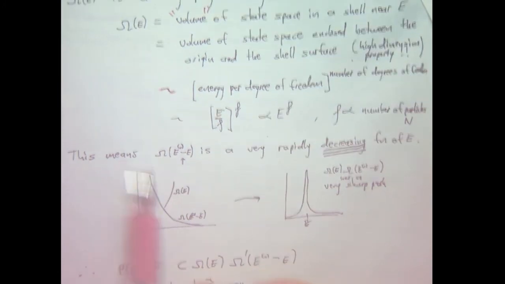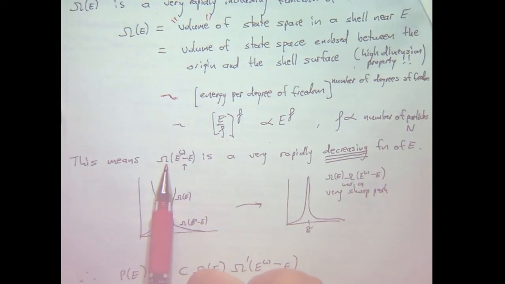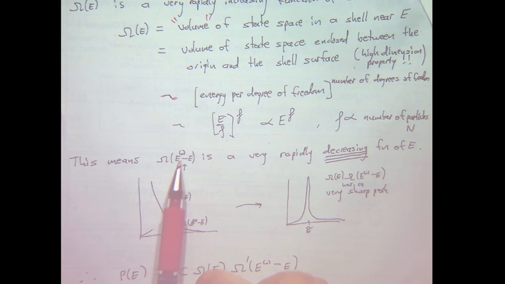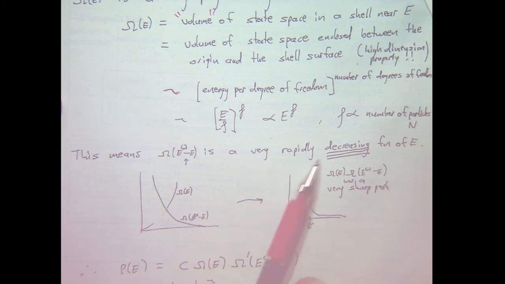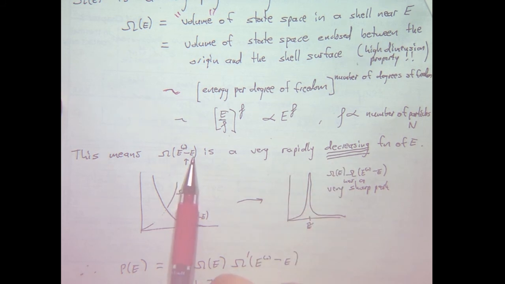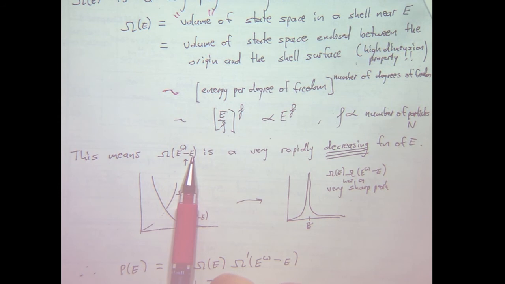But that means that now the number of degrees of freedom of the rest of the isolated system, because its energy is decreasing, it must be an extremely rapidly decreasing function of E. E is the energy in the subsystem we're focusing on, right?